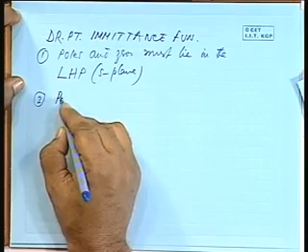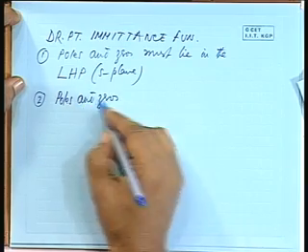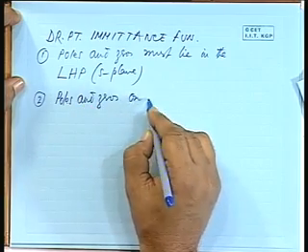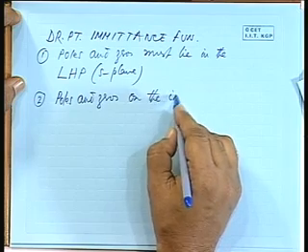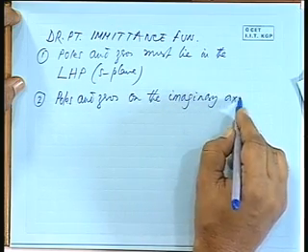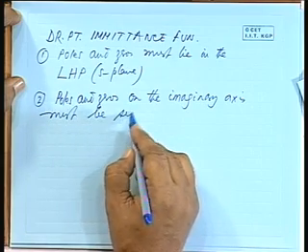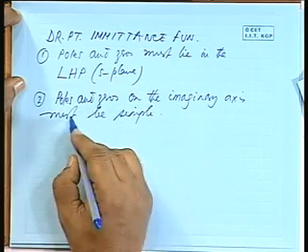So, poles and zeros on the imaginary axis must be simple. On the imaginary axis must be simple. Okay.